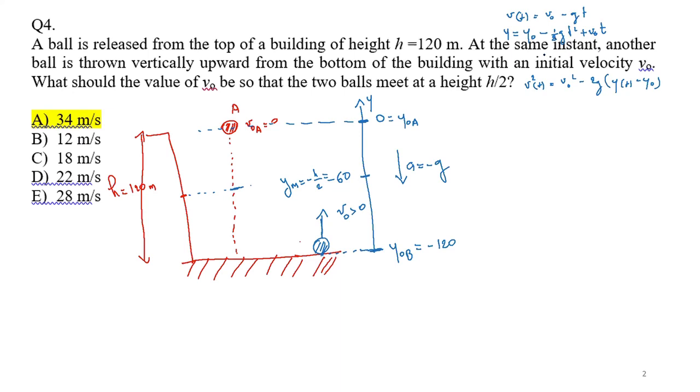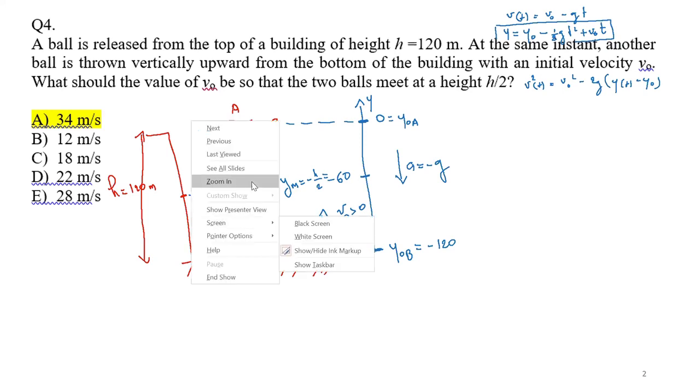Now here I will be using which one? I will be using the third one. So let me write the equation for ball A. Of course, ball A is in red, ball B is in blue here. Let me go back and take it in red because it's much better.